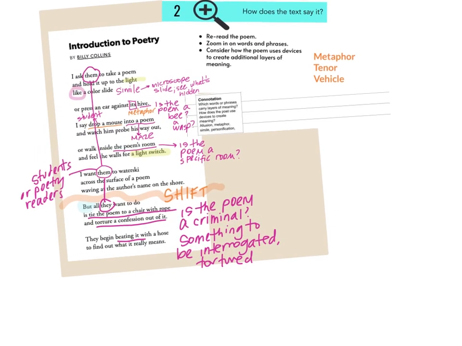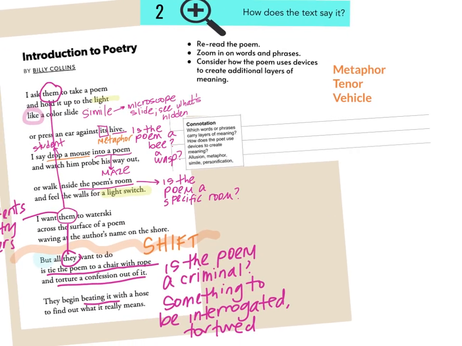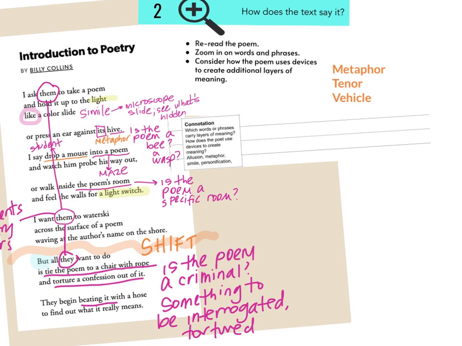When you think about metaphor, we often consider the tenor and the vehicle. The tenor is the subject. So here, poetry is the tenor, or a poem is the tenor. And the vehicle is the object that lends attributes to the subject. So in this case, there are several vehicles, right?